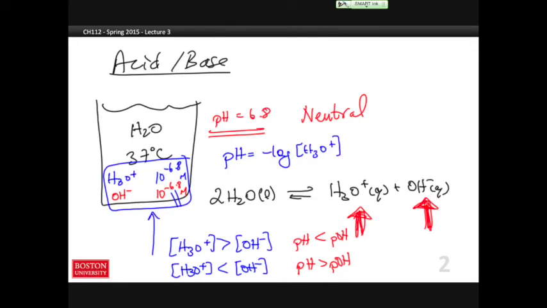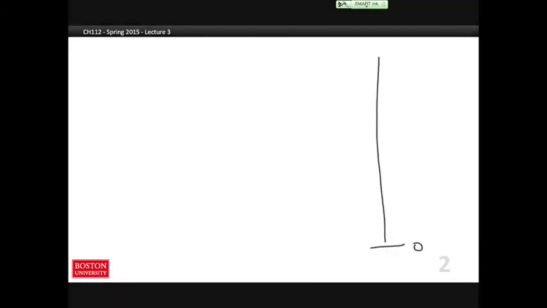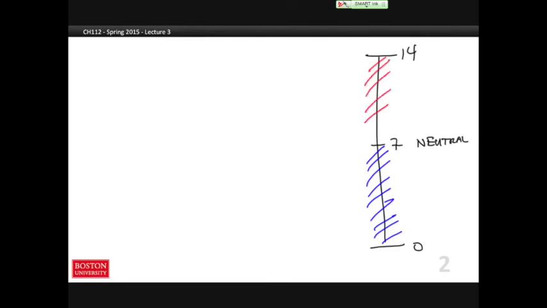So I remember, and it was a long time ago, but I remember at this point in the lecture, I'm thinking to myself, well, what else did they lie to me about? I bet pH isn't even a scale. And the answer is no, it isn't. So I remember in high school, I remember seeing this scale. A 14 and a 0 and a 7 and a big neutral sign here. It's vivid. I think this was blue. This one up here was red.